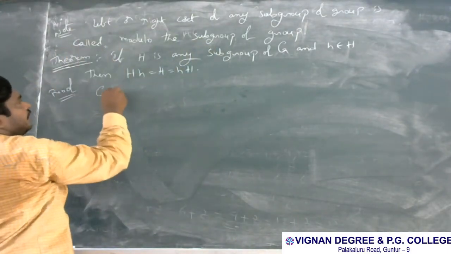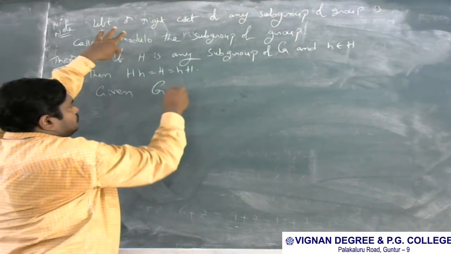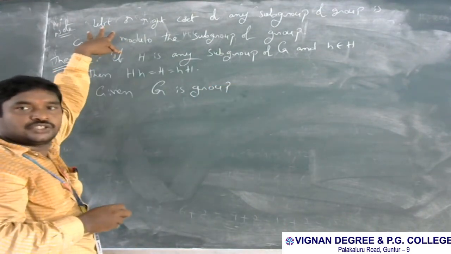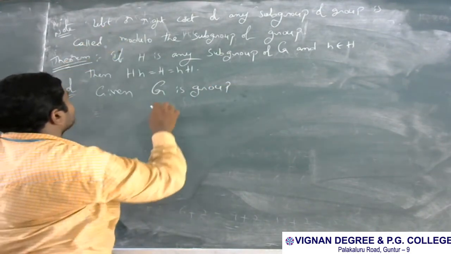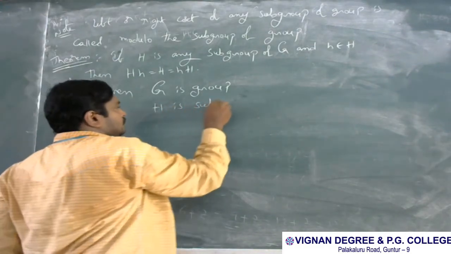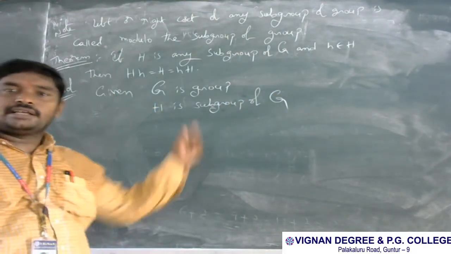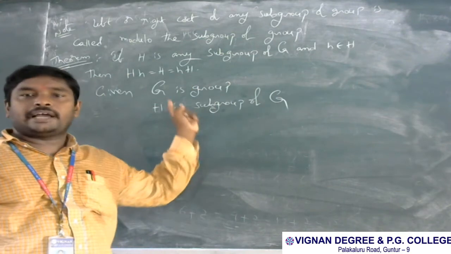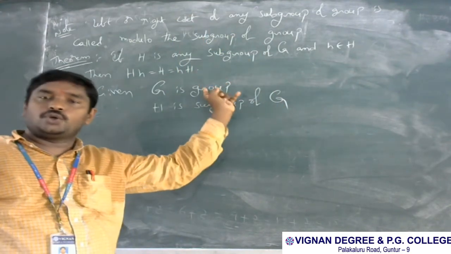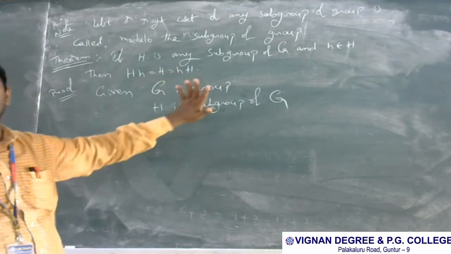Given. What is given? Given capital G is a group and capital H is a subgroup of capital G. That is the given statement.